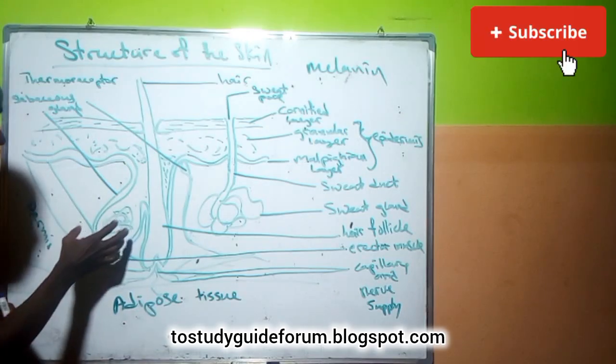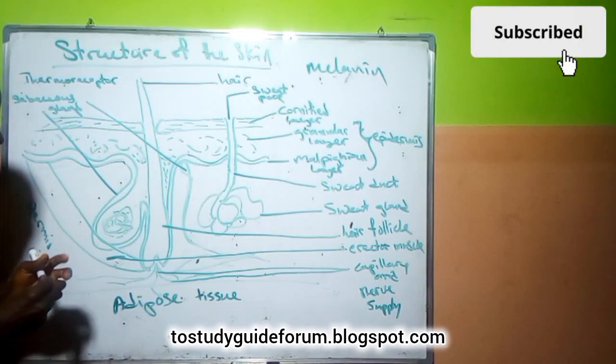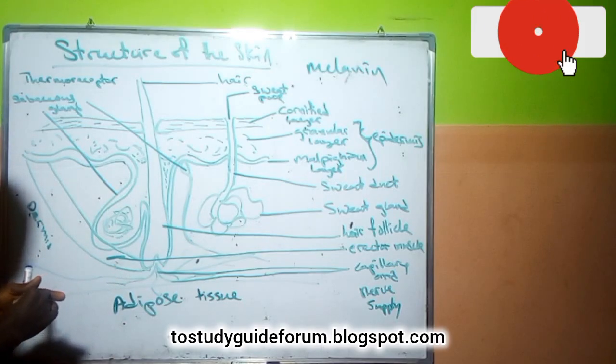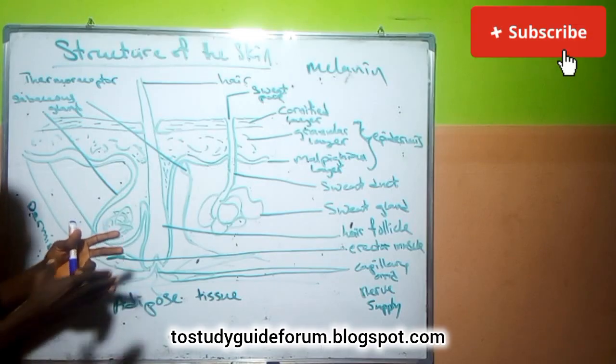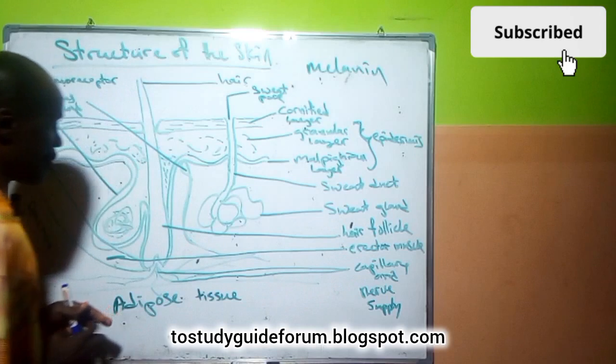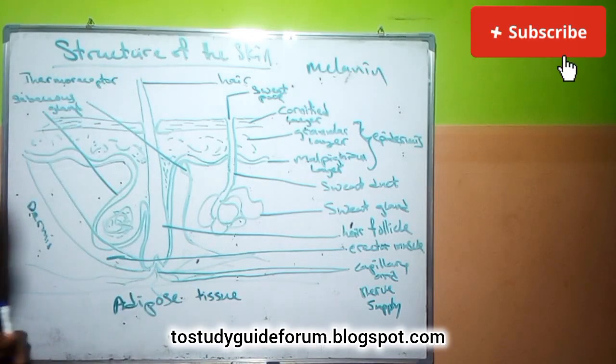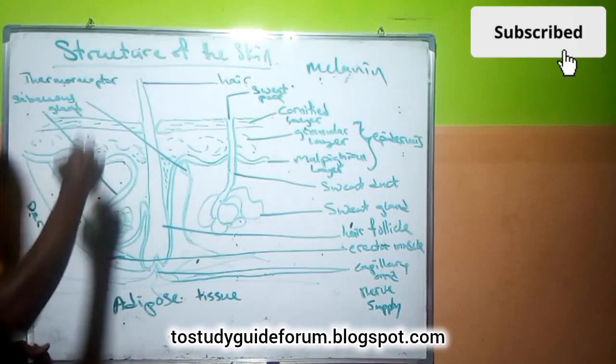Sebaceous glands contain oil, fatty, oil-like substances. And again, some of them move in to form what we call the hair follicle, where the hair emerges. That's where the hair grows out.